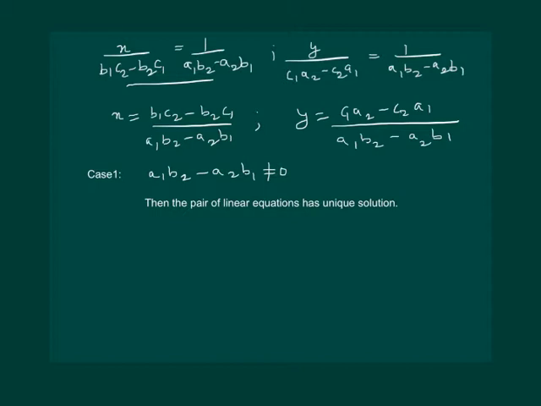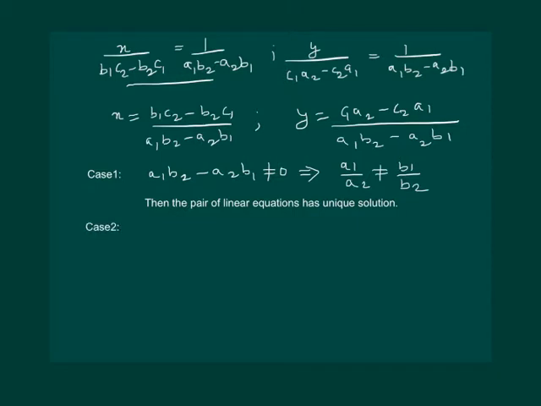This same inequality can also be written as a1 by a2 is not equal to b1 by b2. Then the pair of linear equations has a unique solution.